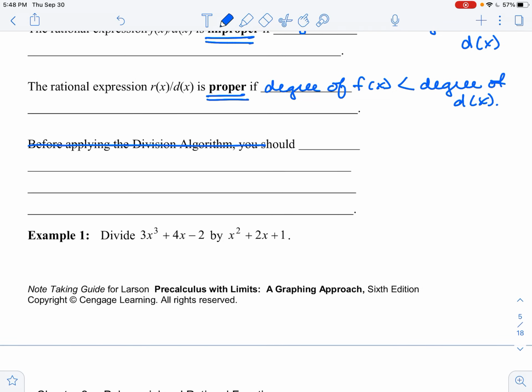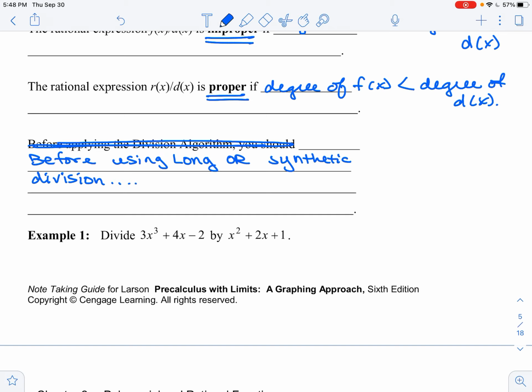Before using either long or synthetic division, you want to make sure that you replace any missing terms with a 0 in descending order.